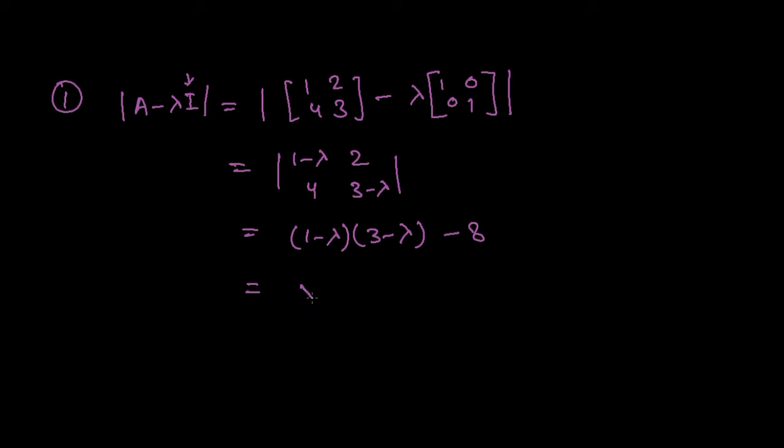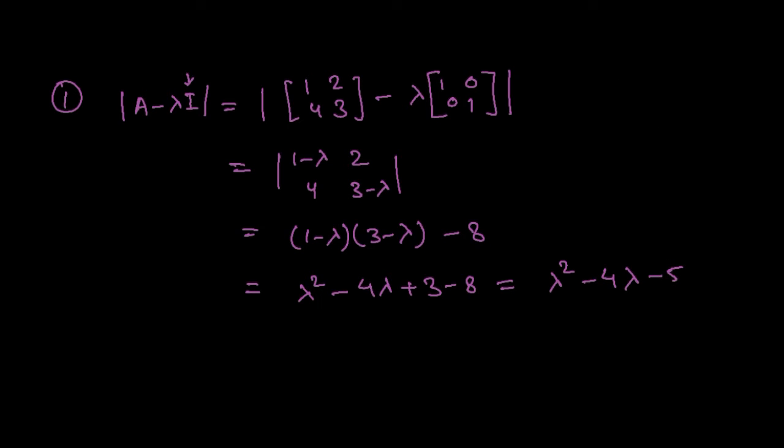and it is nothing but lambda square minus 4 lambda plus 3 minus 8, which gives lambda square minus 4 lambda minus 5.